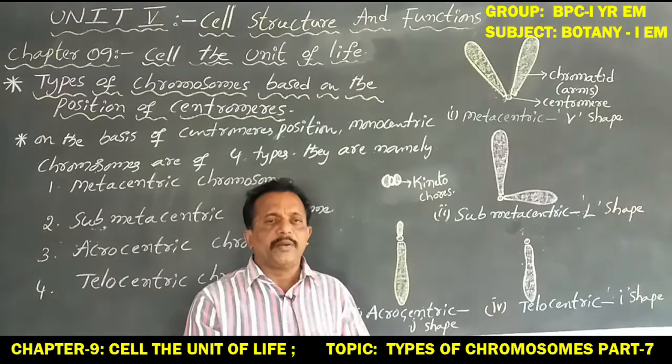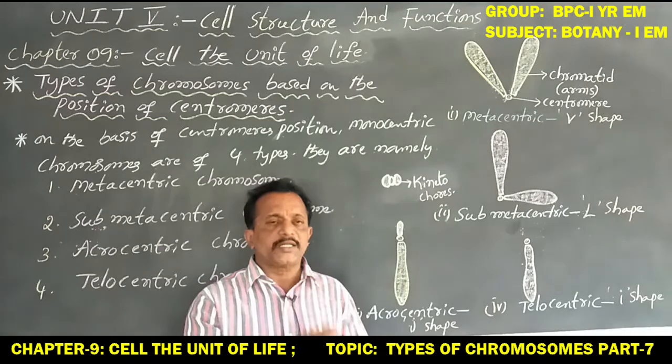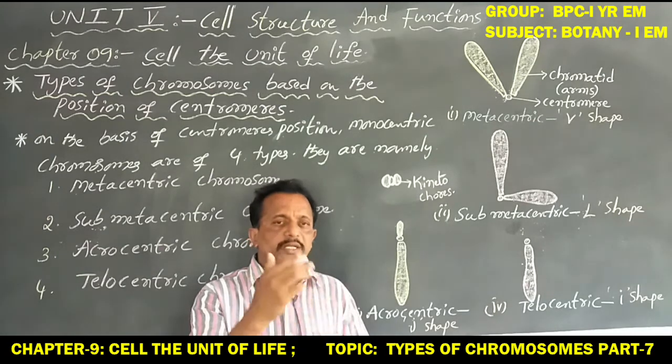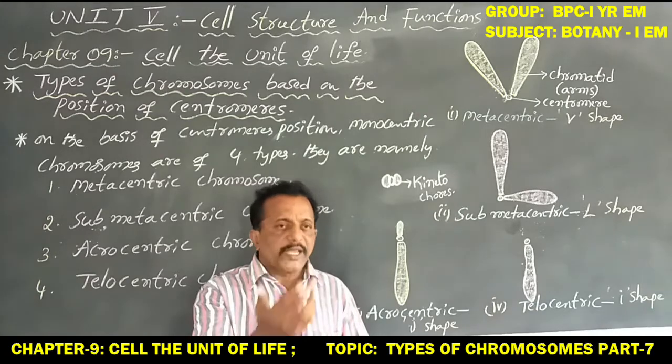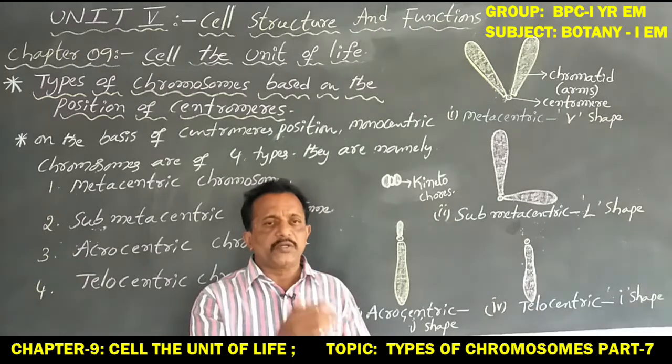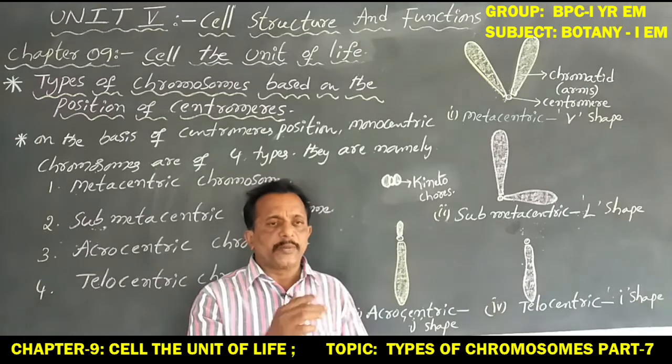In mitosis, the parent cell divides into two daughter cells. These two daughter cells are similar in size and have the same set of chromosomes as the parent cell.